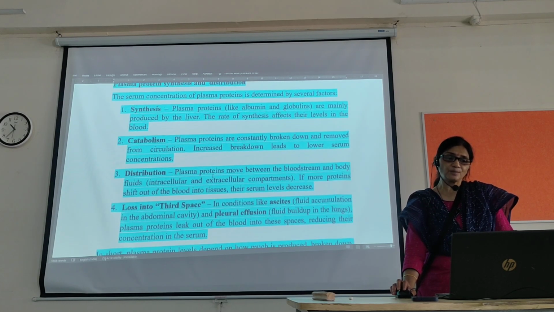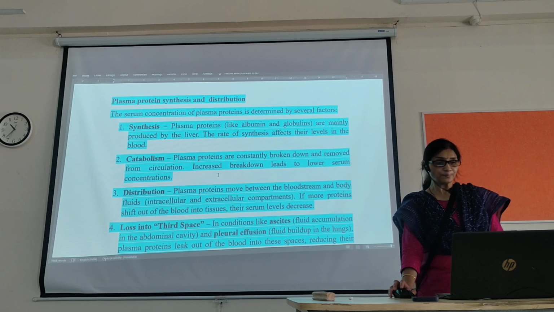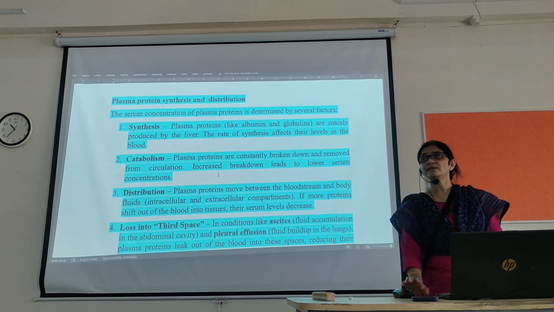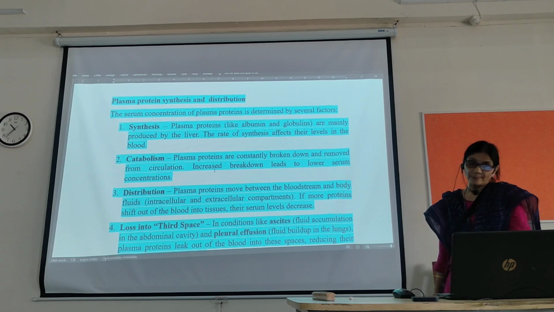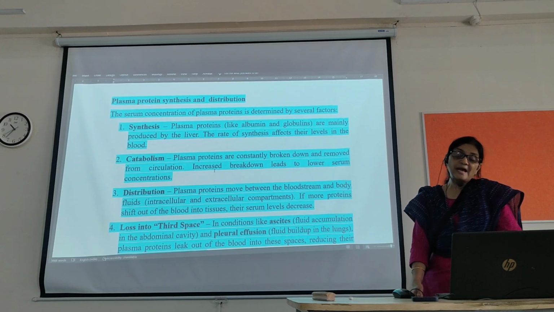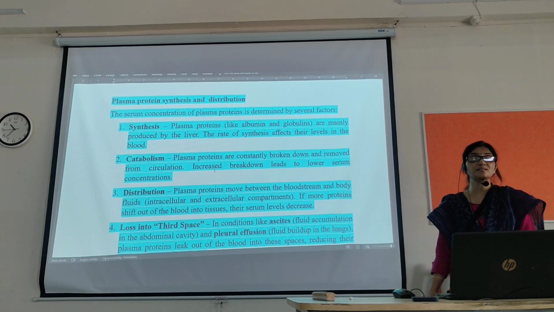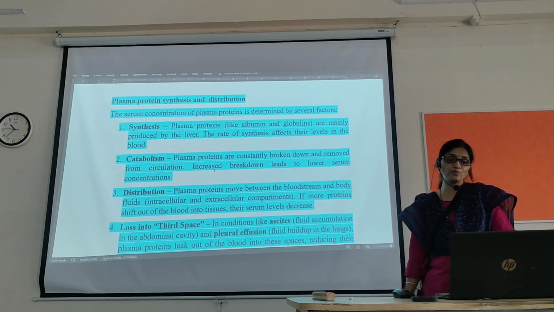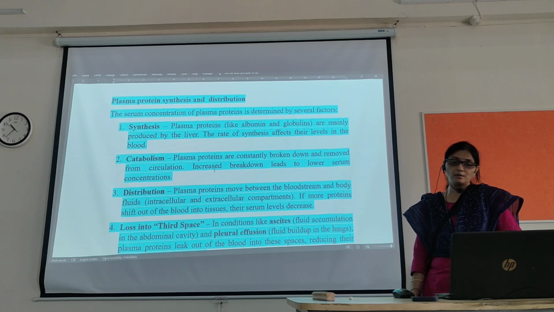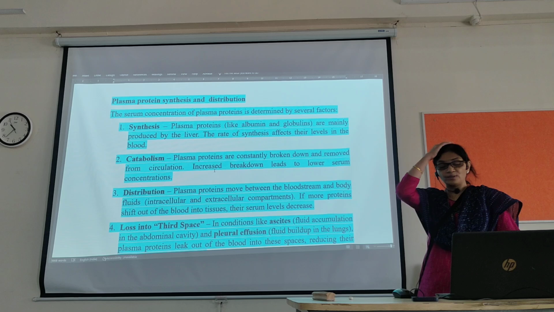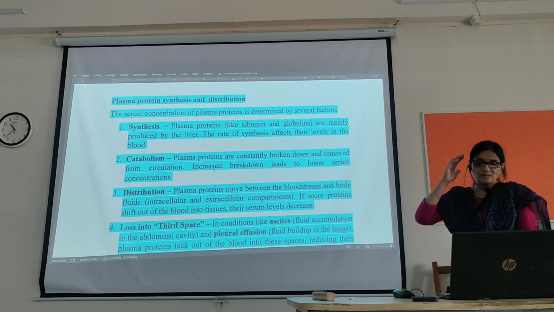After that, the plasma protein gets synthesized by the liver and distributed to other parts. What happens after they are synthesized? The catabolism process is there. Catabolism is breakdown. Plasma proteins are constantly broken down and removed from the circulation, which leads to lower serum concentration of the plasma protein.